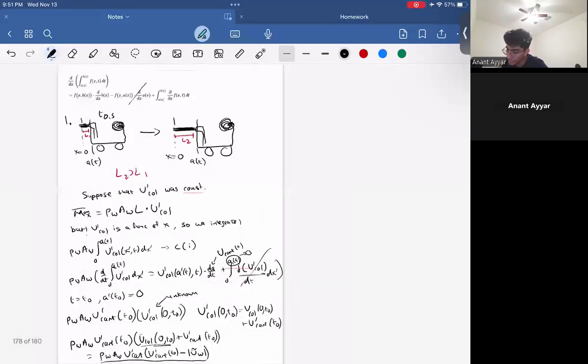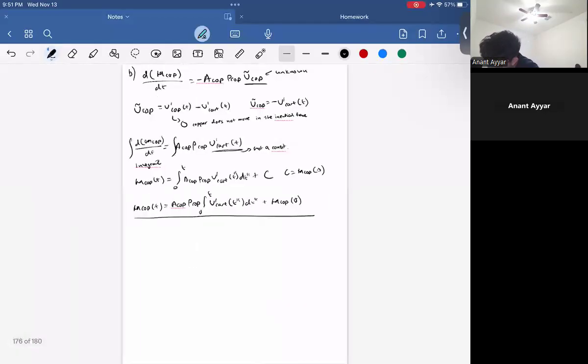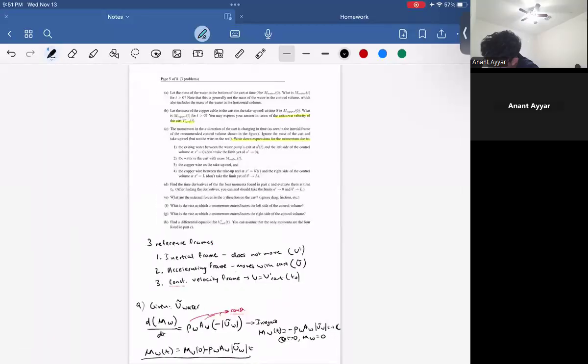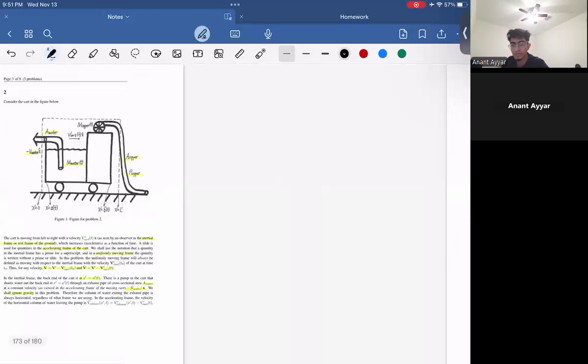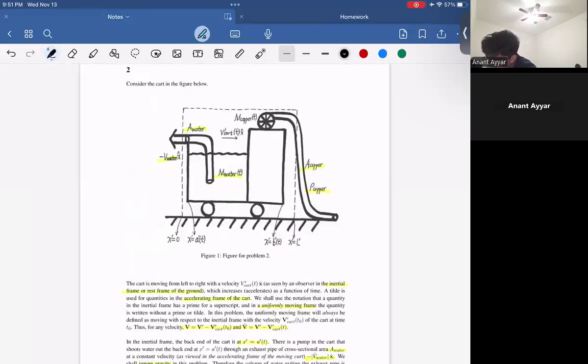Okay, then E is pretty simple. The question is, are there any external forces that we need to consider? If we look back at our photo, this is the external to the inertial domain, not the accelerating domain or anything else.